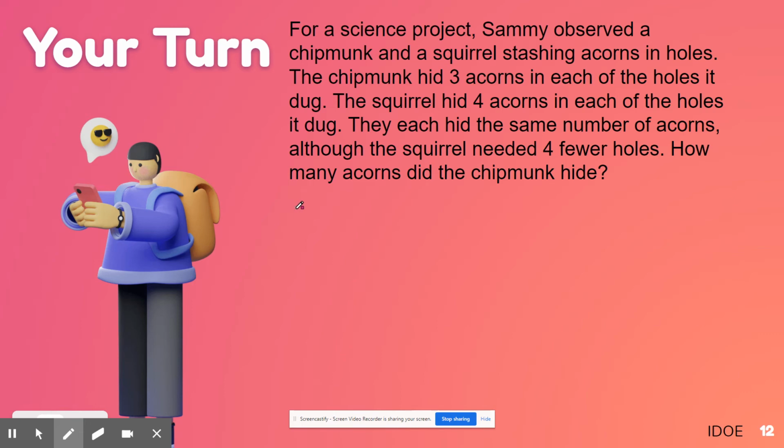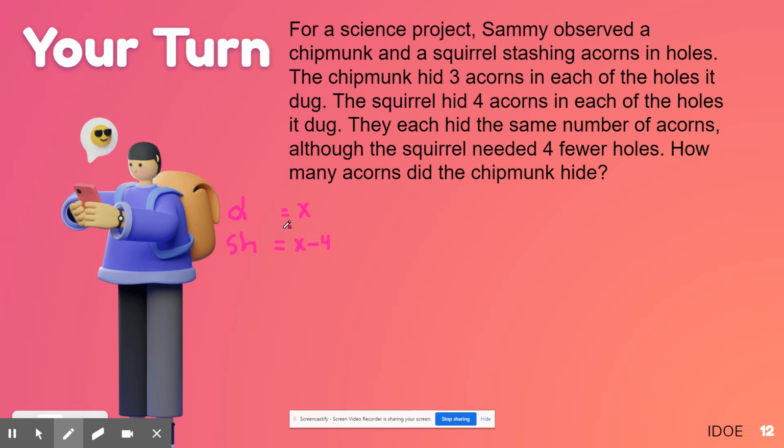I would say that the chipmunk is X. So this is the chipmunk's holes. And then the squirrel's holes are going to be equal to the chipmunk's holes minus 4.